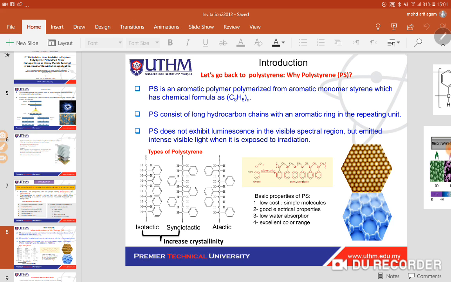But nevertheless, polystyrene can be in three forms: isotactic, where you have your benzene ring on one side; syndiotactic, with alternated benzene rings; and atactic, that is not really having any kind of structured orientation of the benzene rings.